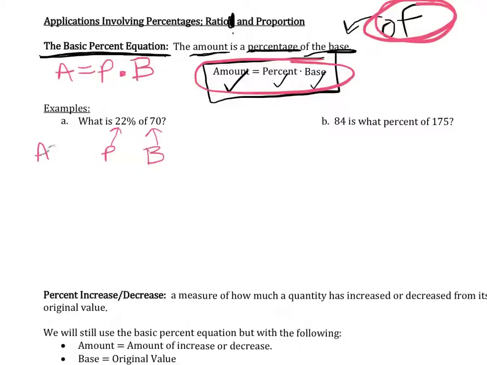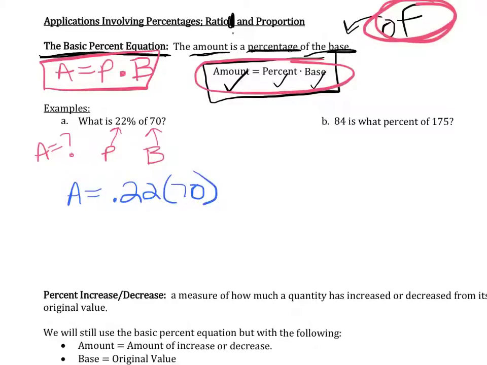If I put these things into my equation, I get A, which I don't know and am trying to find, equals my percent. When I do any calculations with percents, I always have to change it to either a decimal or a fraction. So I'm going to change 22% to a decimal, which is 0.22, and my base is 70.